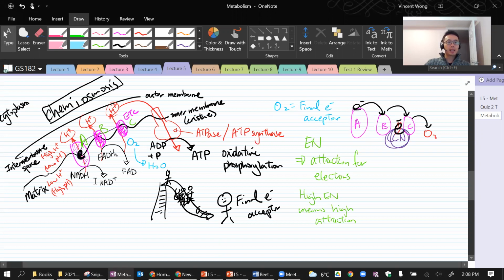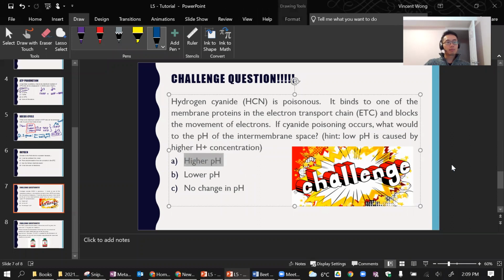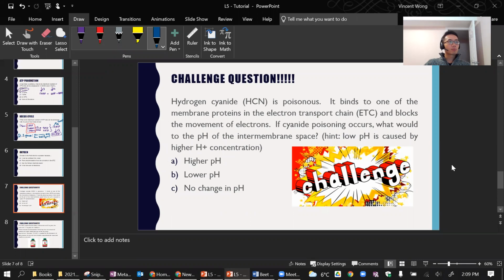If we cannot pump the H plus into the intermembrane space, we're going to have a lower concentration of H plus, which means we're going to have a higher pH in the intermembrane space. What did the question ask? The pH of the intermembrane space. So it's going to be higher. The answer is A. Does that make sense?